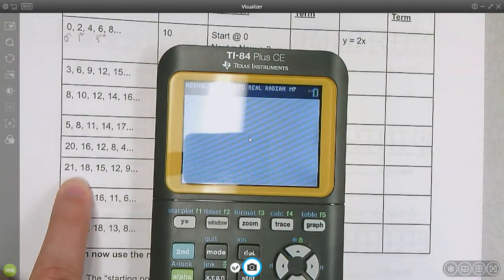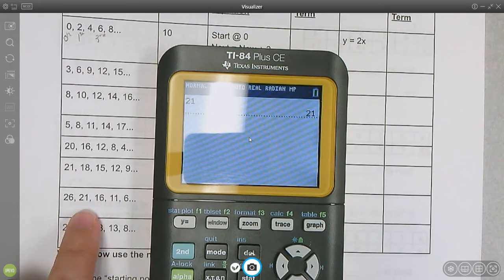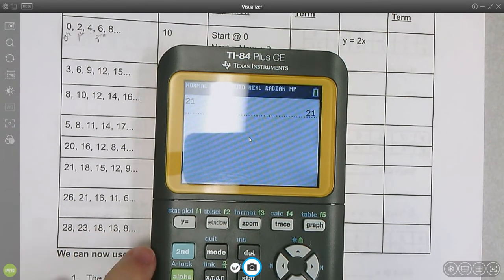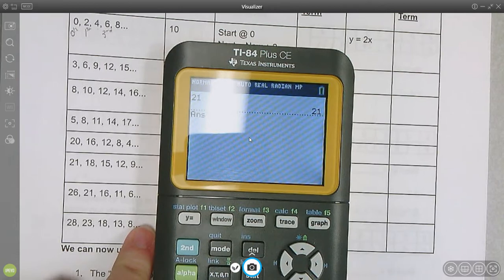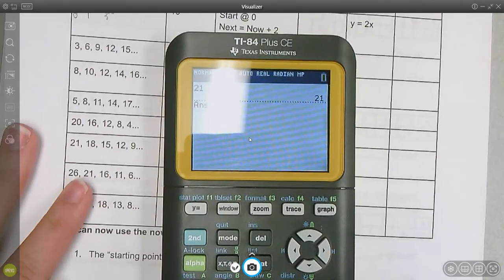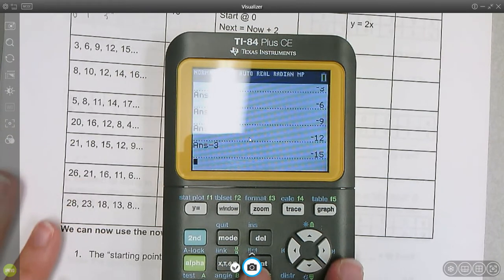So 21, you hit enter. Then you hit second, and then the negative sign at the bottom, which says answer. And then you finish the rest of your equation, which is minus 3. So minus 3, enter, and then if you keep hitting enter, you can go down and get to your 13th number.